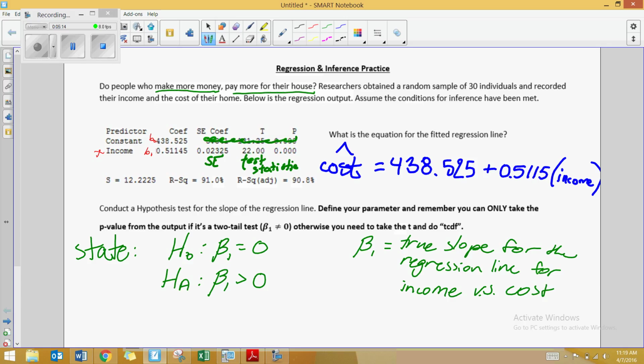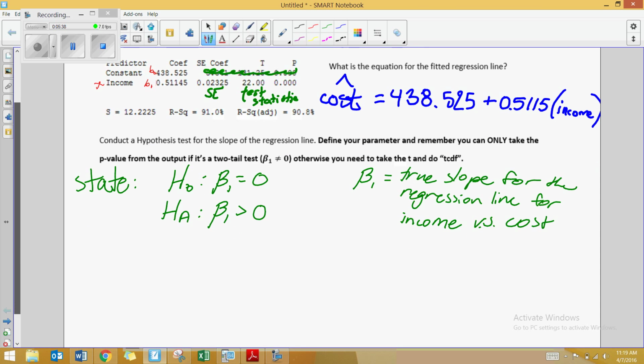That's what we're trying to predict. If I went out and asked every single US citizen how much money they make and how much their home cost. Not really practical, so we took a sample of 30 individuals. Let's go ahead and label that right now. I took this sample and I'm going to use that sample to try to estimate this beta 1.